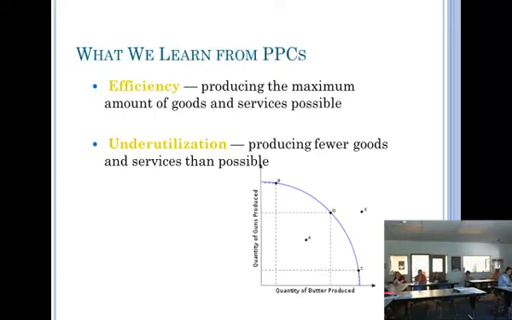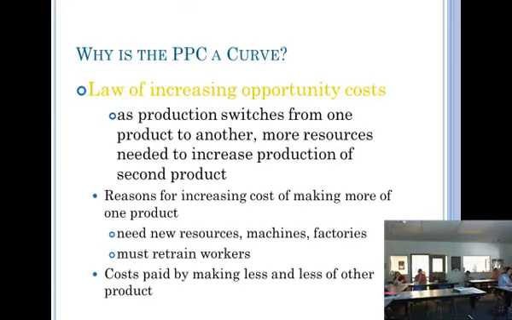The law of increasing opportunity cost is that as production switches from one product to another, more resources are needed to increase the production of the second product. So if you're taking away resources, then you're going to need more resources if you want to keep the quantity of that product. And then the price for that resource will go up. Exactly. Absolutely.